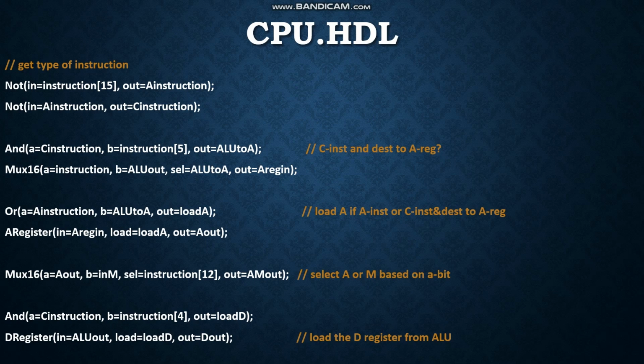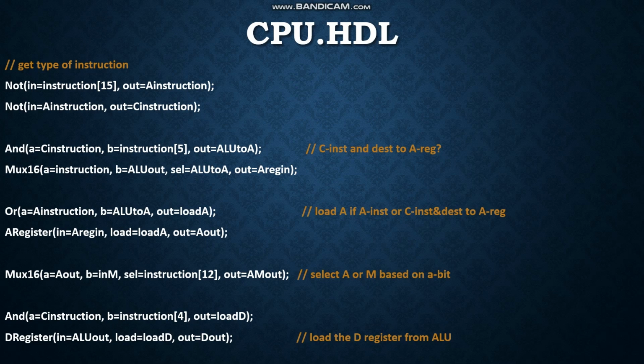And the second line, the mux16, chooses between the entire instruction and the ALU output based on the value of ALU to A, storing the result in the A register. The third part, the 5th and 6th lines, loads the A register if the instruction is an A instruction or if the destination of the C instruction is the A register.